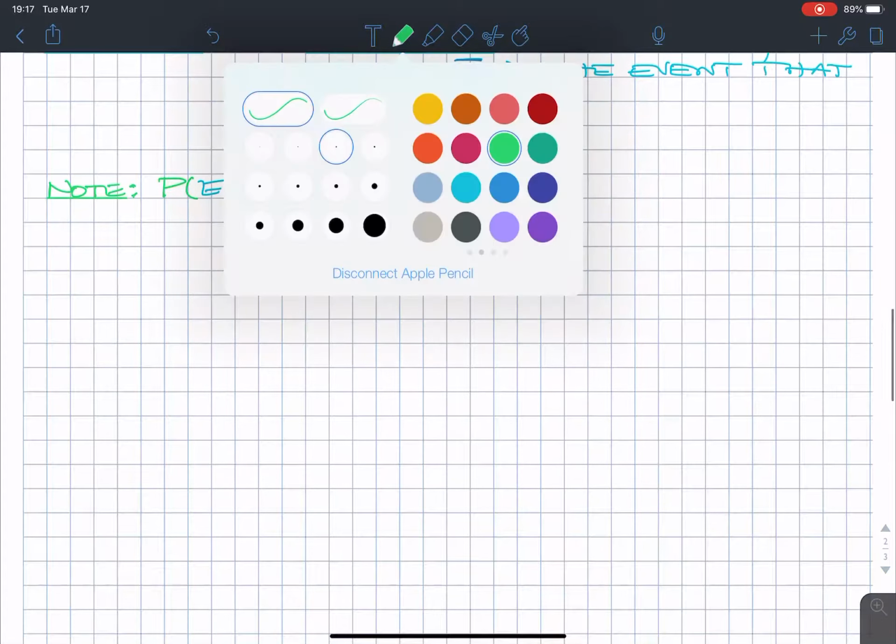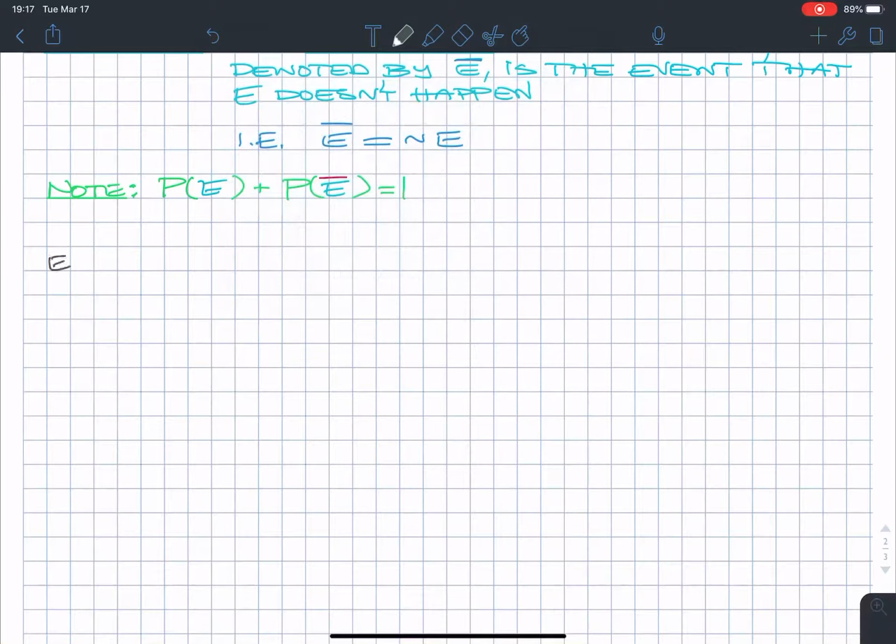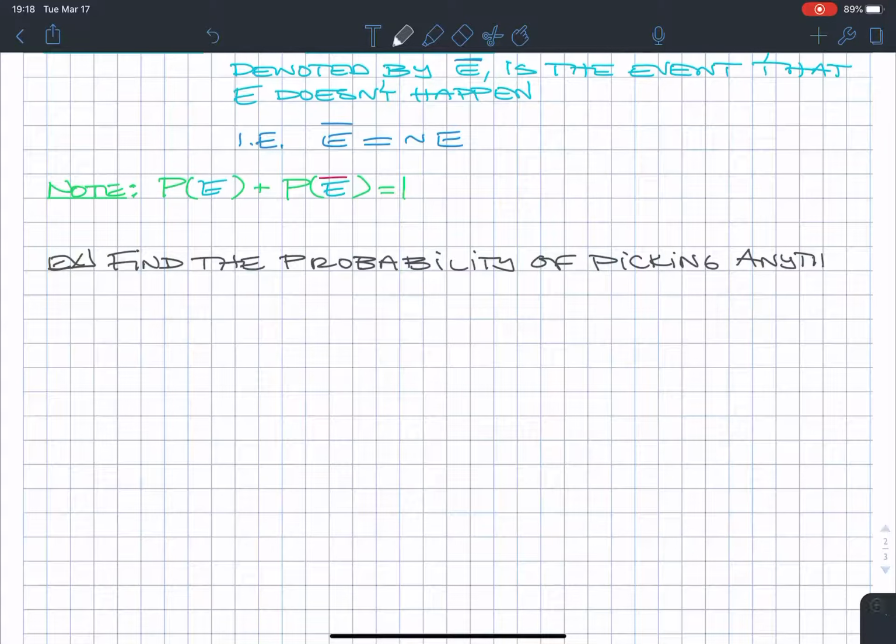So for example, find the probability of picking anything but a queen from a deck of cards.